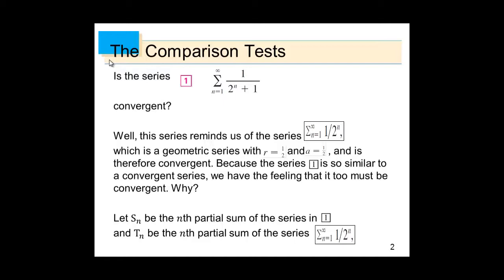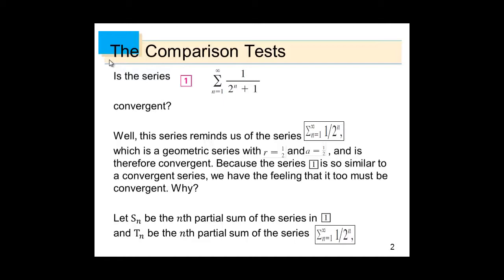If you ignore the 1, what type of series do you have? Geometric, right? Because the common ratio would be half. So if I look at the series 1 over 2 to the n plus 1 and ignore the 1, it looks like a geometric series with common ratio being half, right?